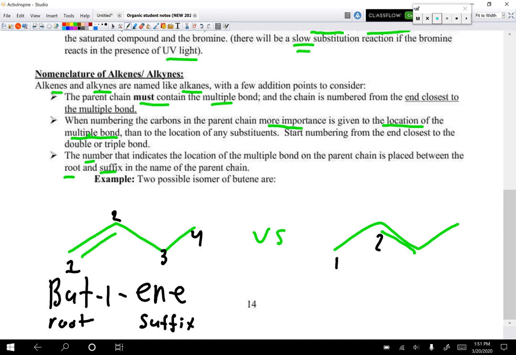Whereas the second one, I need to label my carbons like this, 1, 2, 3, 4. Now, just like before, I got my root, I got my suffix, but I need to put the location of the multiple bond in between them. So now we can tell that the multiple bond is starting on carbon 2, so this turns into but-2-ene.